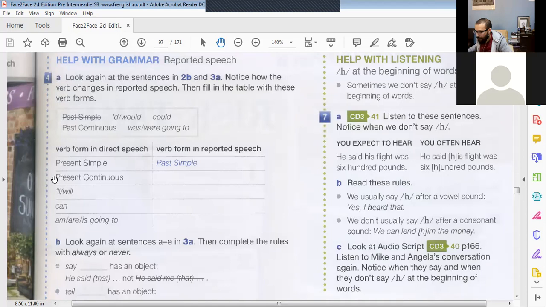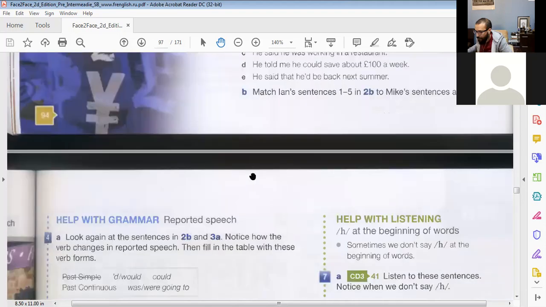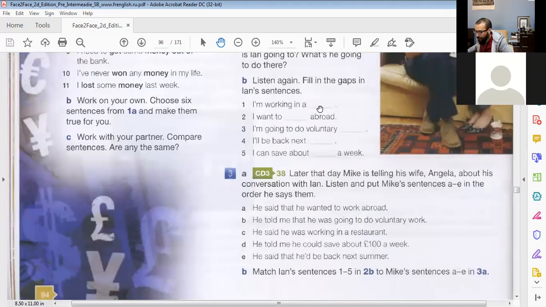All right, now let's take a look at how present continuous changed from direct speech. So here Ian said, I'm working in a restaurant. But when Mike said to his wife, what did he do?